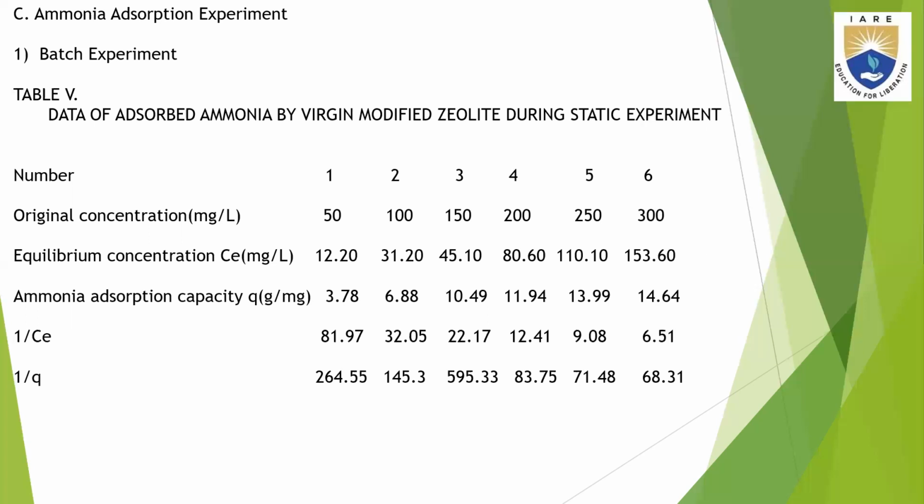Ammonia adsorption capacity Q: 3.78, 6.88, 10.49, 11.94, 13.99, 14.64. Q by C: 181.97, 32.05, 22.17, 12.41, 9.08, 6.5.